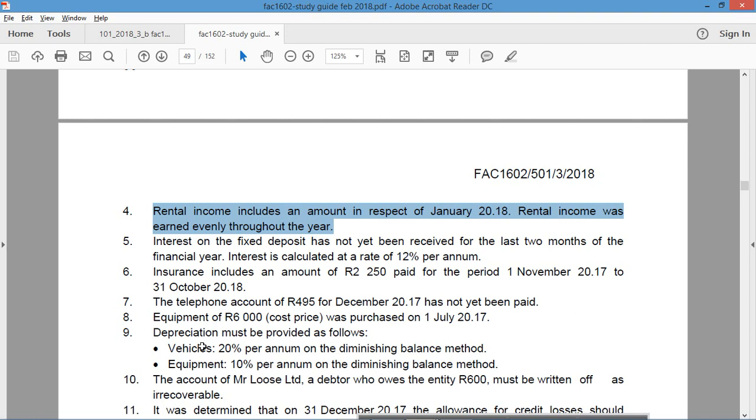Accrued income is what? What does the word accrued actually mean? Money still owing or still outstanding. So accrued income is owing to you, income still owed.